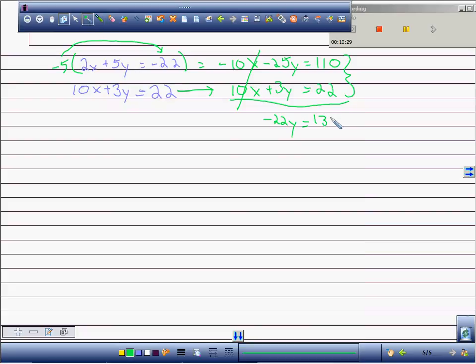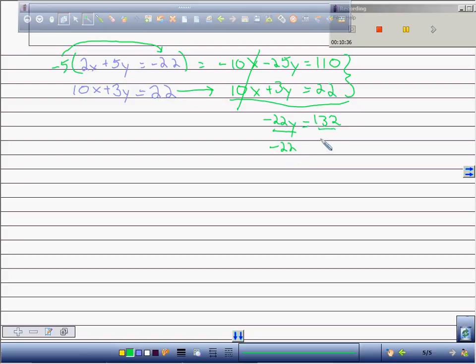And then I divide both sides by negative 22, and I get y equals negative 6. And again, you got to find x now.